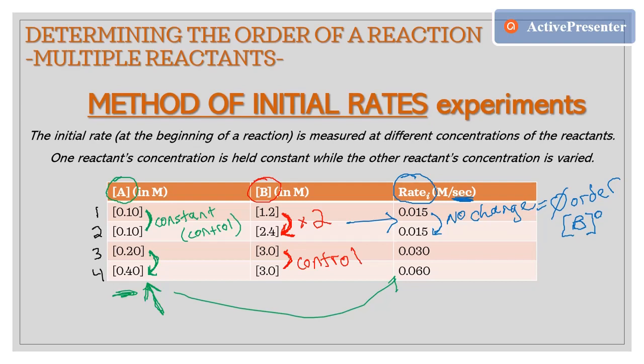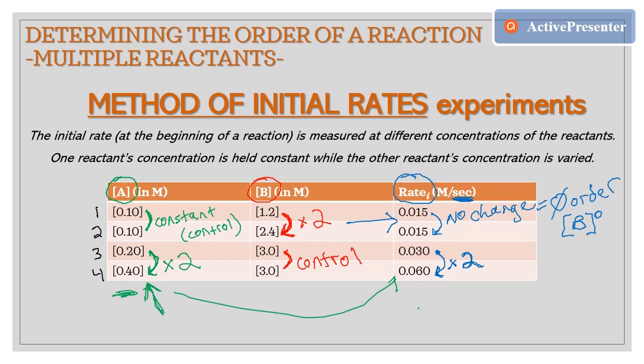The initial rate was 0.030 when the concentration of A was 0.20. Then in experiment 4, when we doubled the concentration of A, the rate went from 0.030 to 0.060. So this rate also doubled. As we doubled the concentration of A from 0.20 to 0.40, we doubled the rate from 0.030 to 0.060 seconds.